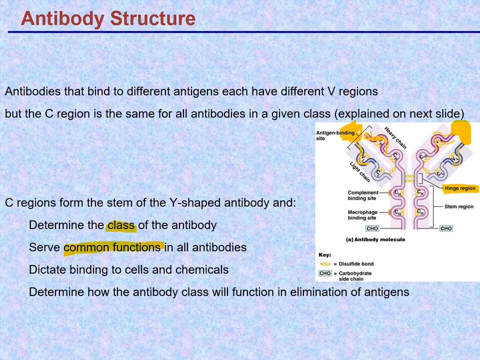Once they bind to their target, then they will be able to carry out the functions that the rest of the molecule, the constant areas, allow them to do. So the C regions are constant areas that form this stem of the Y, not the arms, but the stem. They dictate which cells this will bind to. Down here it can bind onto the surface of certain types of cells, and it also determines the class and how it functions biologically. Up here is a binding area.